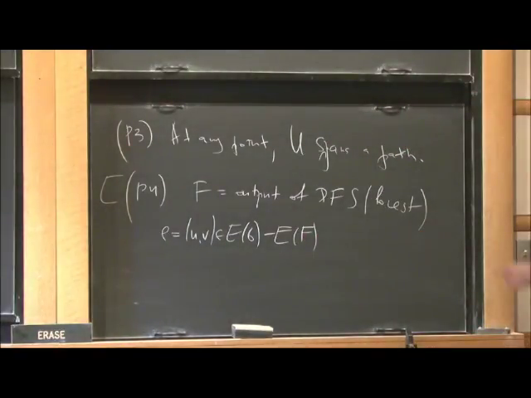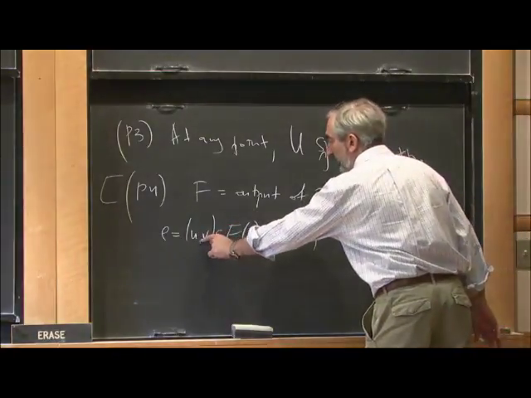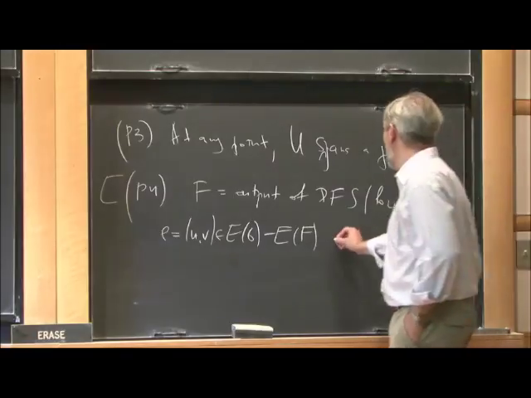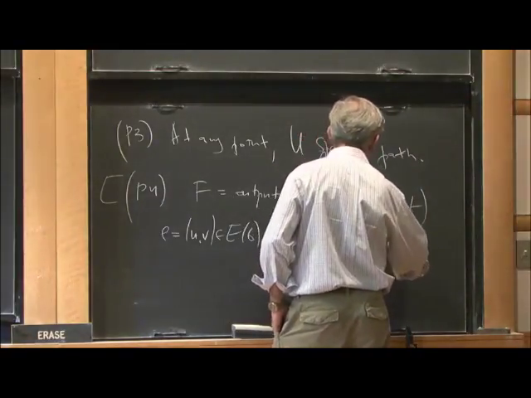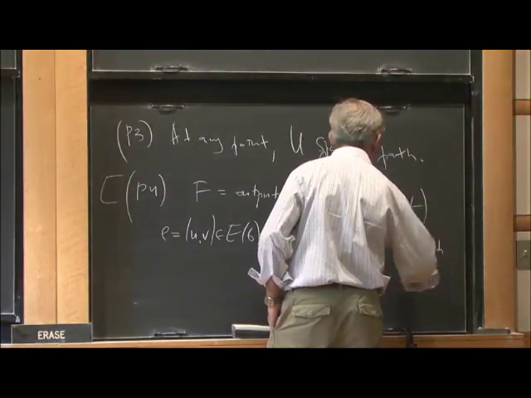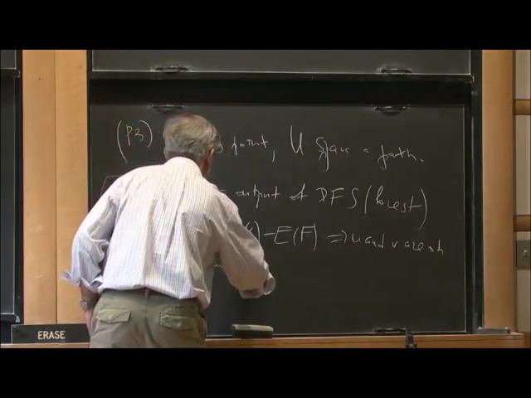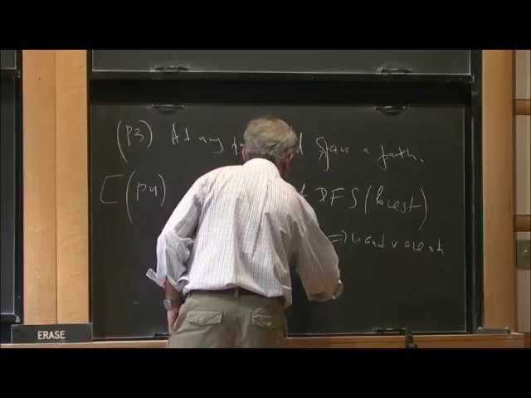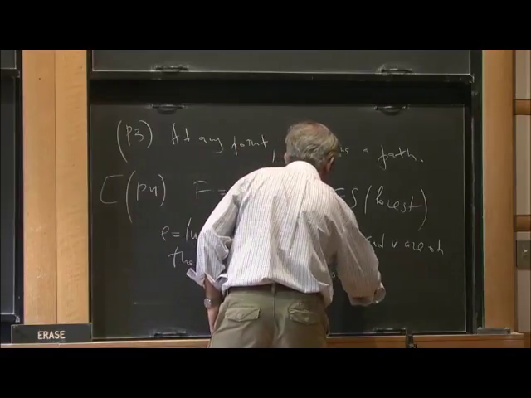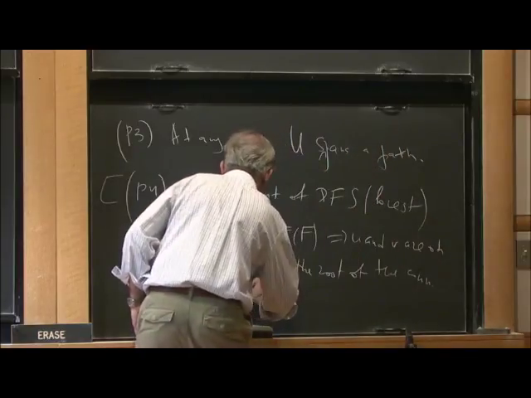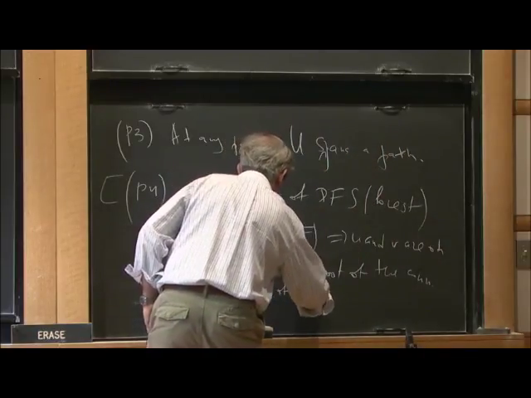What we can say is, if you look at U and V, we can find these two vertices on the same path to the root of the connected component of F containing them both.